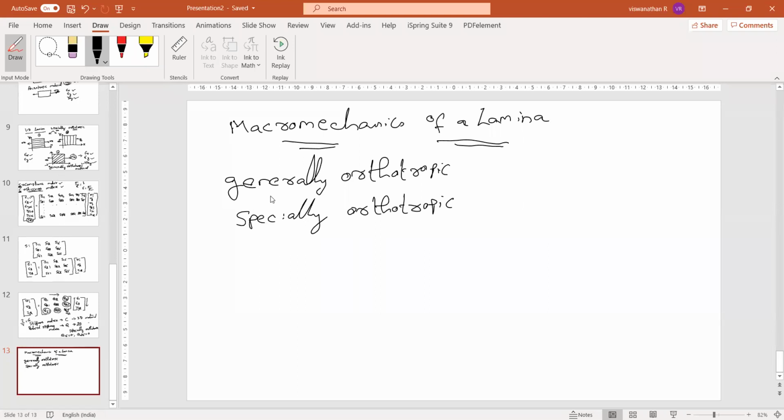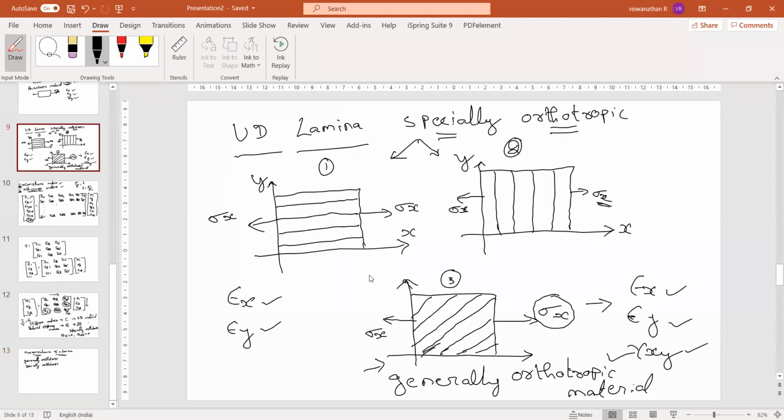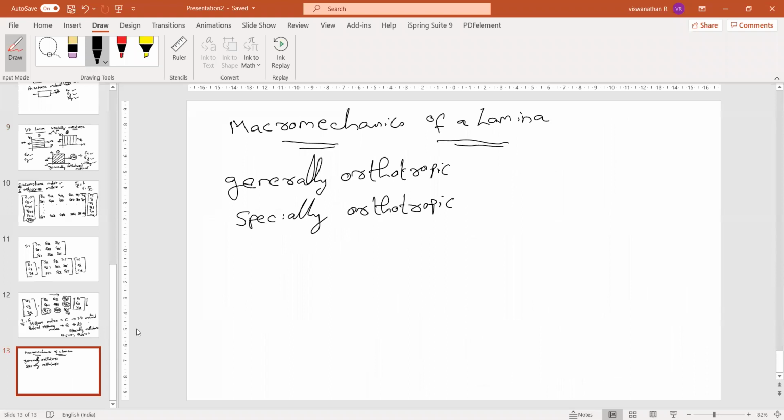So generally orthotropic means any inclined angle it can have. The fibers can be inclined and the load applied is not in this direction, it's in another direction. So that is generally orthotropic.